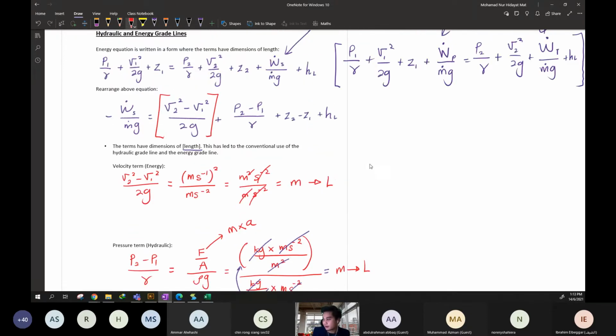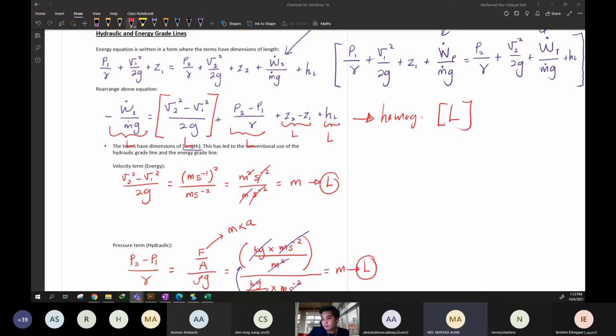Because all these dimensions are homogeneous with the dimension of length, this term is length, head loss length, this is length, this is also length. Because of this length, this has led to the conventional use of hydraulic grid line and the energy grid line.